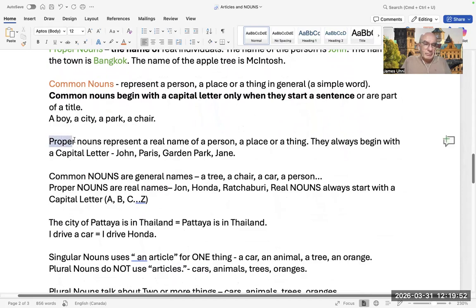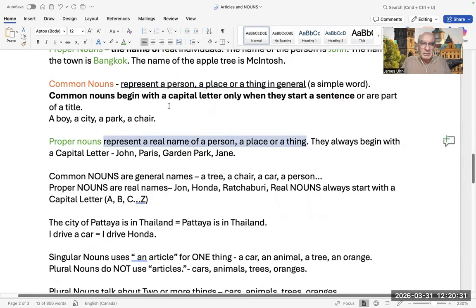Proper nouns, which are in green color, represent a real name of a person, a place, or a thing, while common nouns represent a person, a place, or a thing in general, a simple word. So I will underline it.